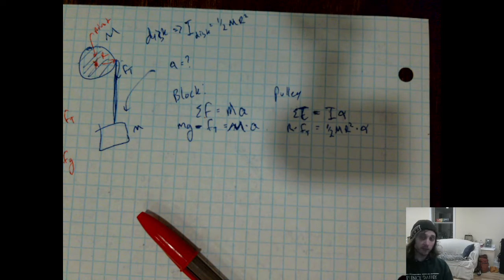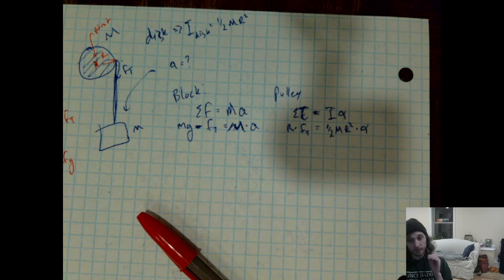And we're in a bit of a pickle here because we've got 3 variables and only 2 equations. We've got our force of tension as a variable, we don't know it. We've got our radius of our pulley as a variable, we don't know it, which is actually going to be a 4th variable. We've got our angular acceleration and we've got our linear acceleration.